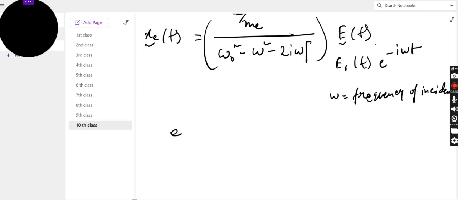The factor e by m_e gives a minus sign, so they are out of phase by pi, and this is e to the power i pi.